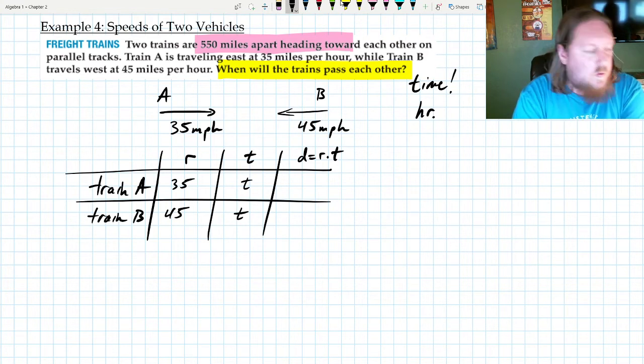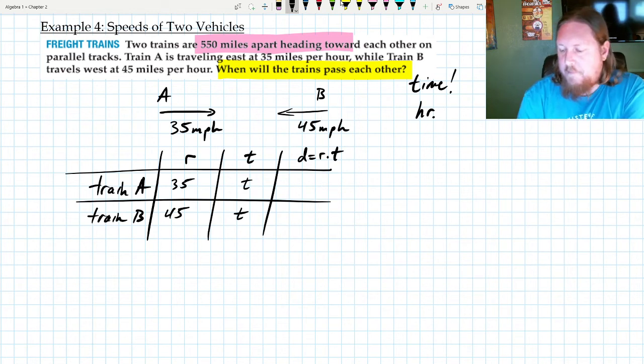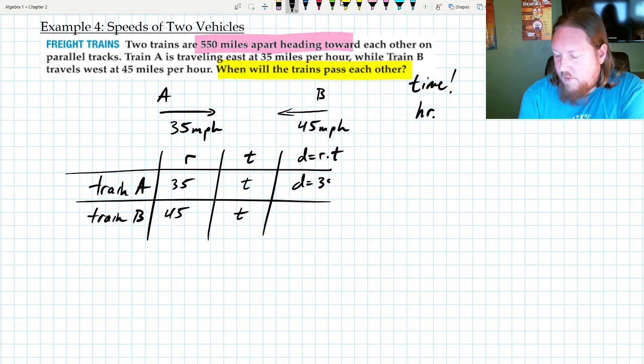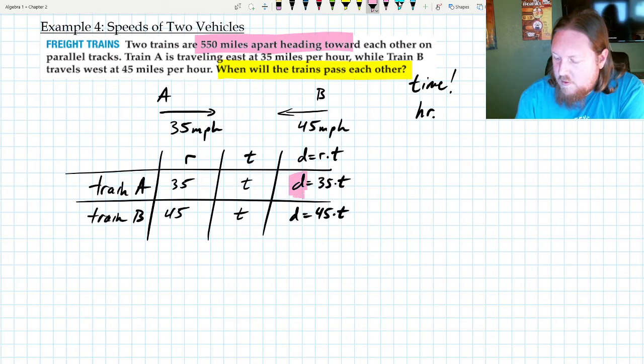And the total distance, we're not sure what the total distance is for them, but we know how to calculate it. It's 35 times the time, or 45 times the time. We do know what those two distances added together are.